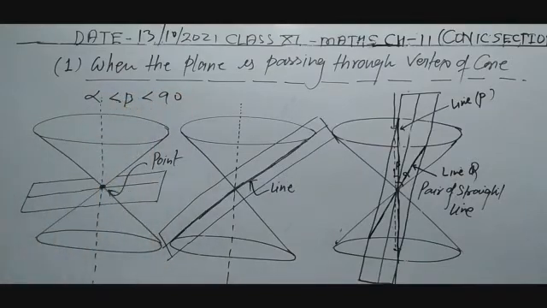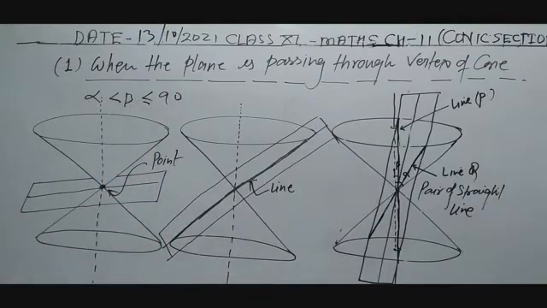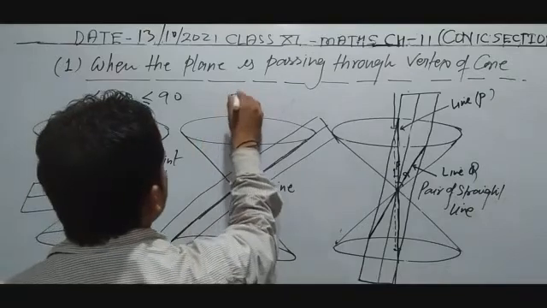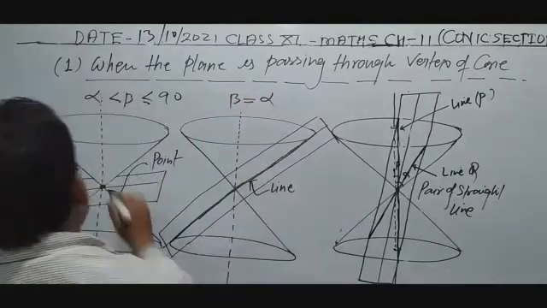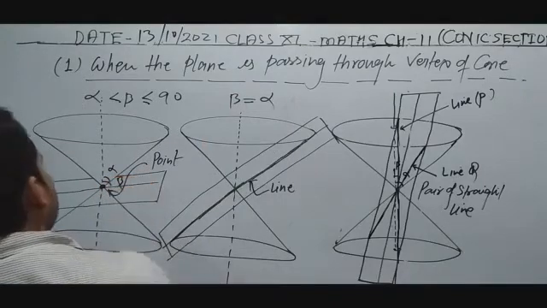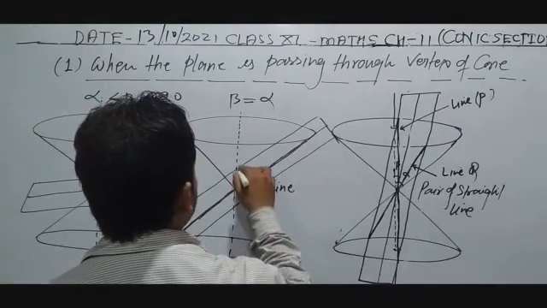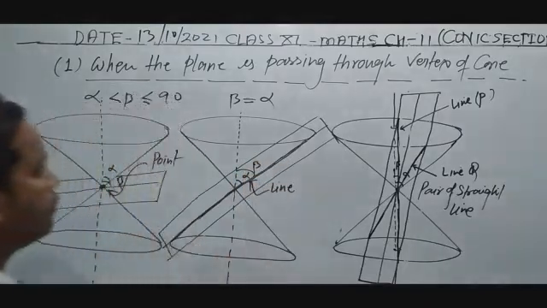In the second case we have considered beta equal to alpha. This is alpha, the semi vertical angle, and this is beta. Both angles will be the same.